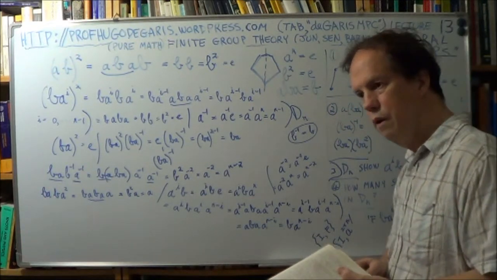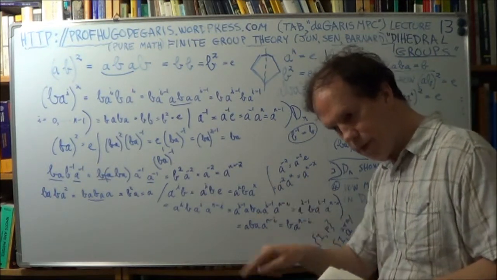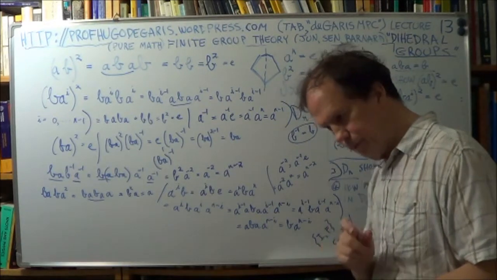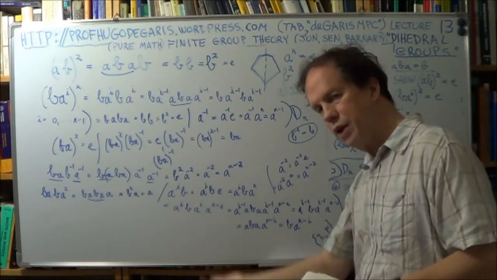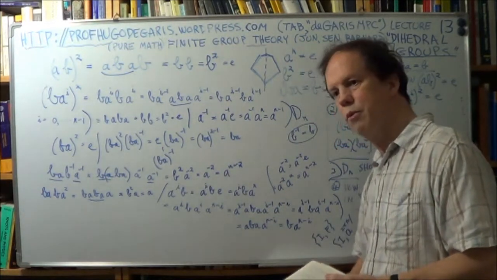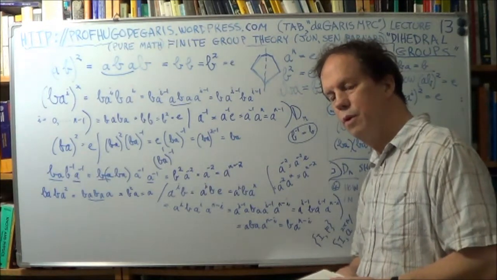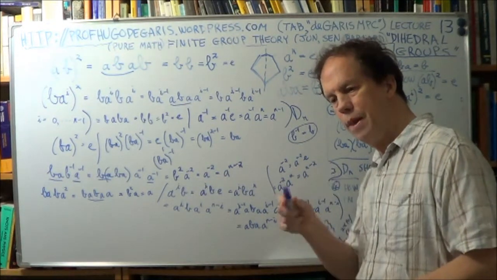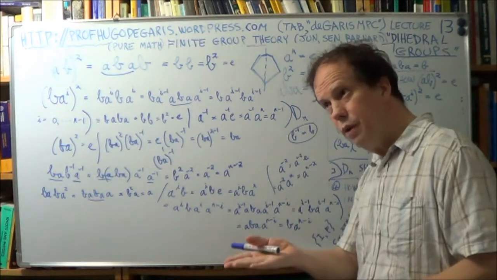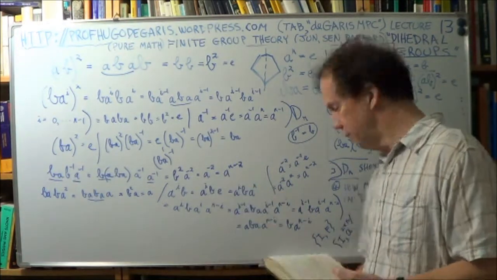If the number of sides is even, that would give you an extra subgroup of order 2. So if the number of sides n is odd, then the answer is n.